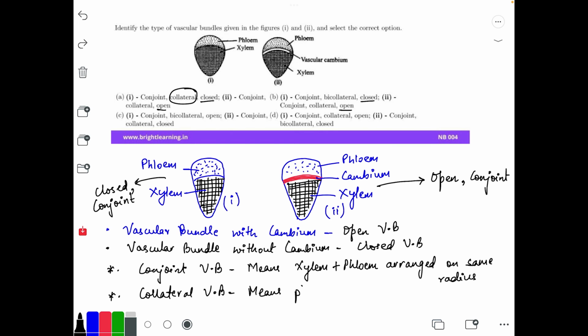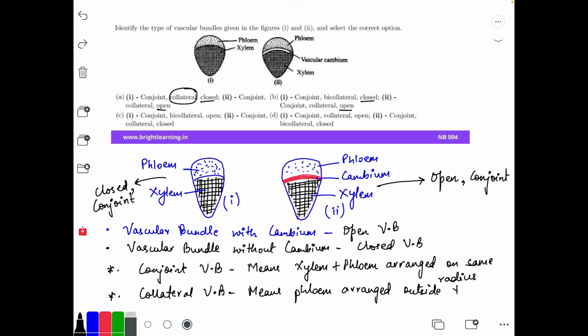In both figures, the arrangement is collateral.